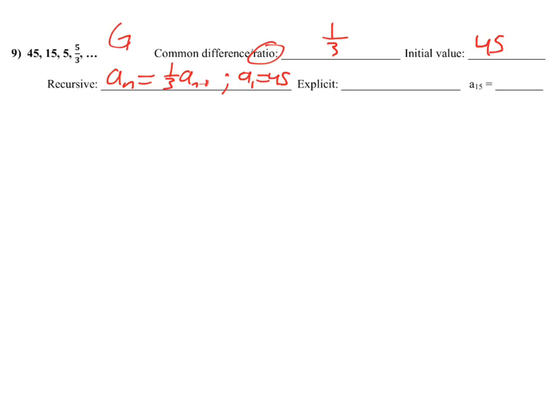If you want the explicit function, you're going to have a sub n is initial value times your common ratio to the n minus 1 power. And if you want to get the 15th term of the sequence, you're just going to put 15 into your function for n.